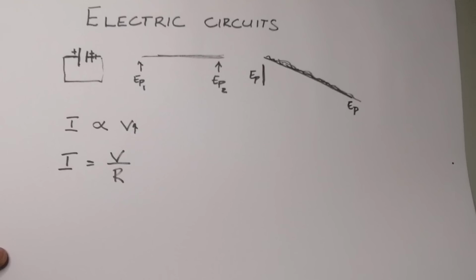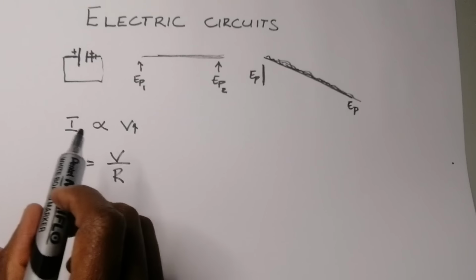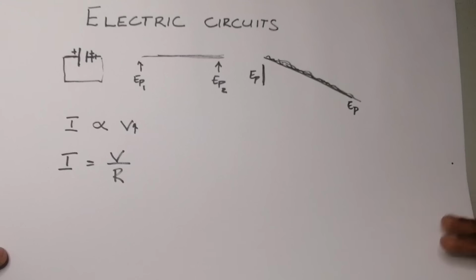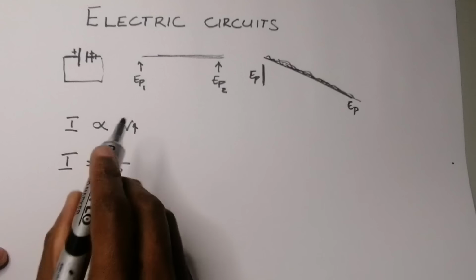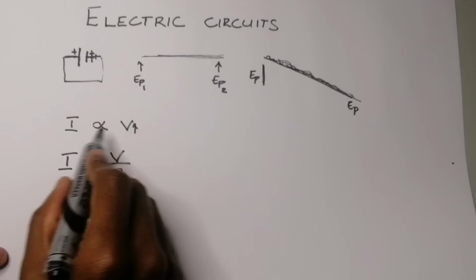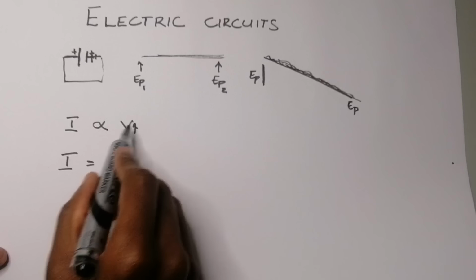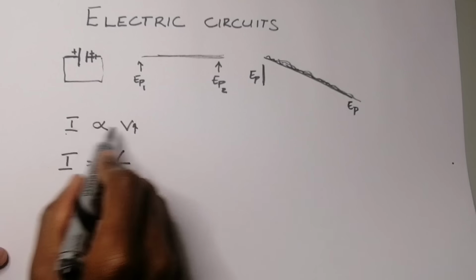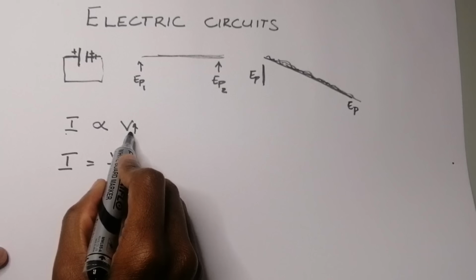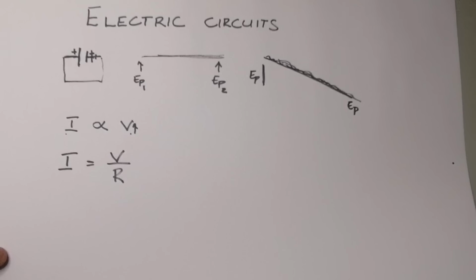So I want you to please note, by definition, Ohm's law says the current across a conductor is directly proportional to the potential difference, provided that temperature remains constant.